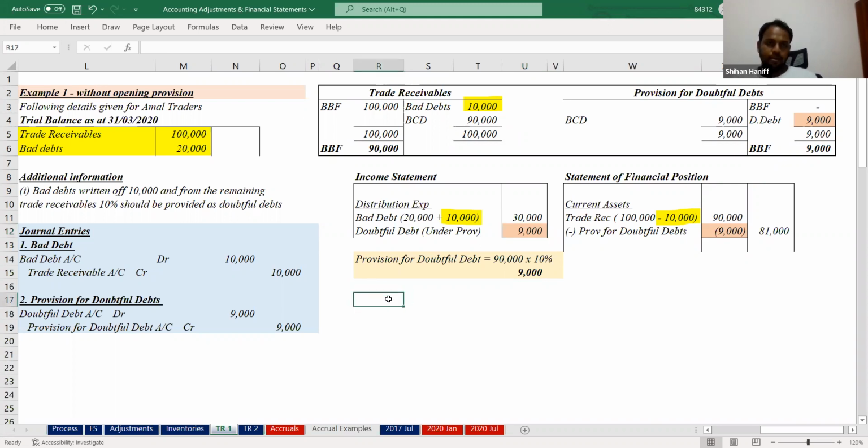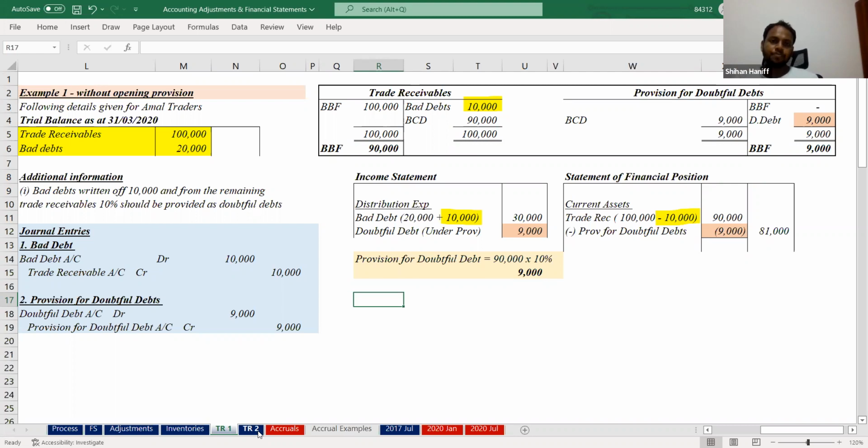Okay. Is it clear? Did you all understand the ledger account part and the income statement and SOFP? Okay, now let's do the second one.